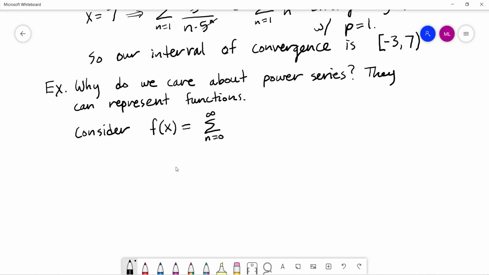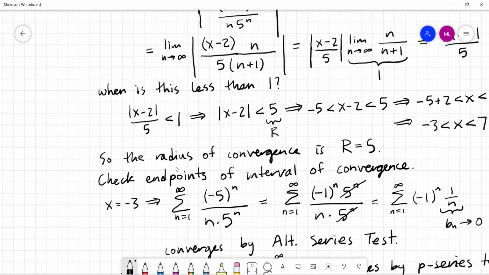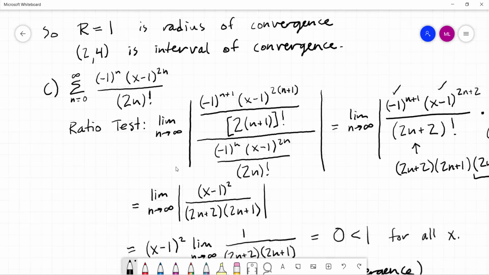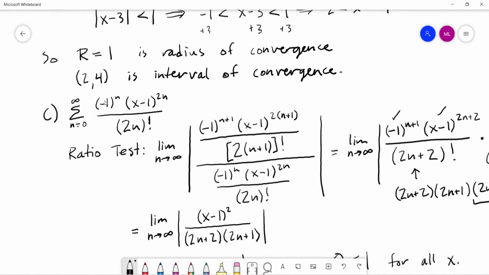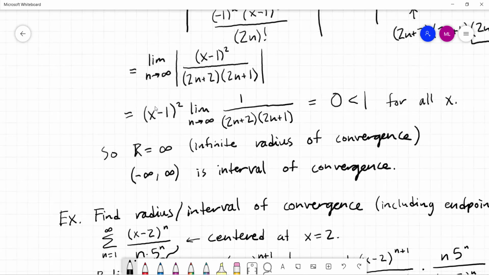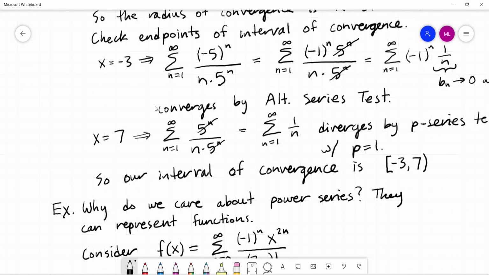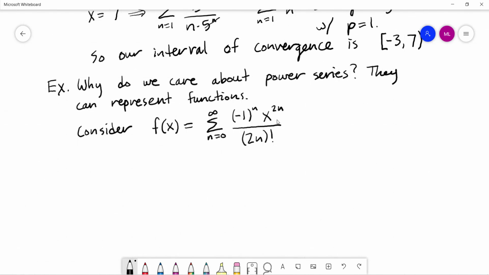It's the sum from n equals 0 to infinity of -1 to the n, x to the 2n, divided by 2n factorial. And in fact, if we come back here, it's very similar to the one we did right here. It just doesn't have that x minus 1. So instead of being centered at x equals 1, this one is centered down here at the origin, at x equals 0.